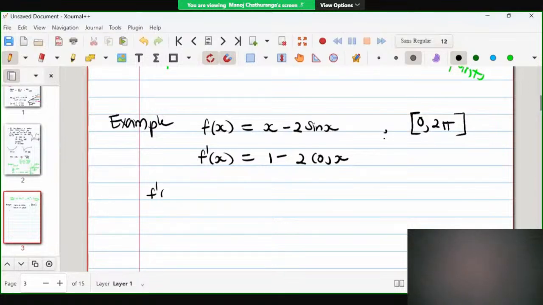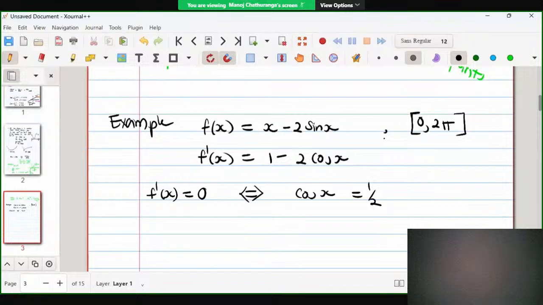Now, let's find critical points. This derivative is well defined everywhere. It doesn't have any undefined points. To have undefined points, it must have something like division by zero or the square root of a negative value. We don't have anything like that here. So if you say derivative equals zero, you get cosine x equals 1/2.